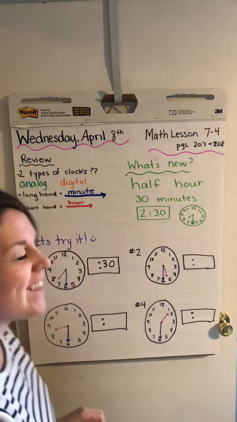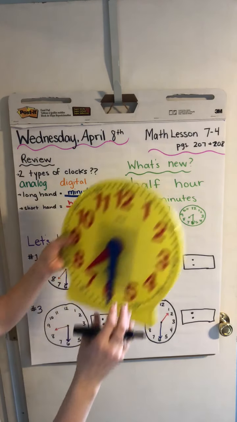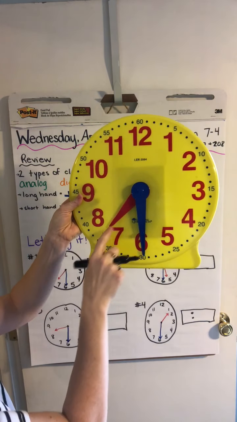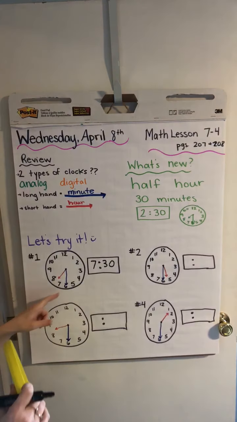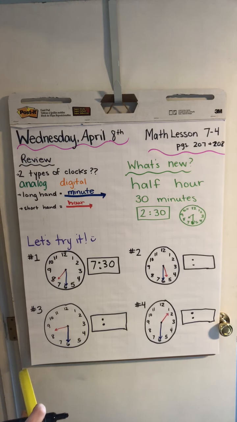Yep, it's a colon. Then to figure out the hour, it's between the 7 and the 8. It's still 7. It hasn't moved to the 8 yet, so it certainly couldn't be 8:30. So our hour is 7, and that shows 7:30.